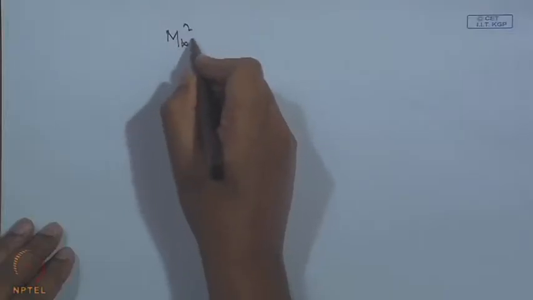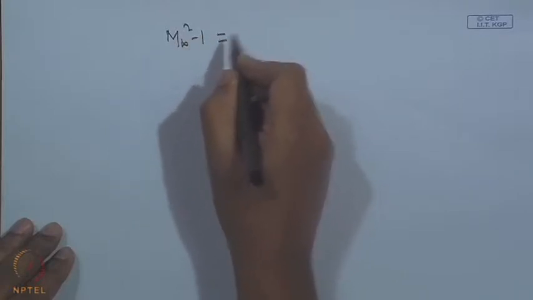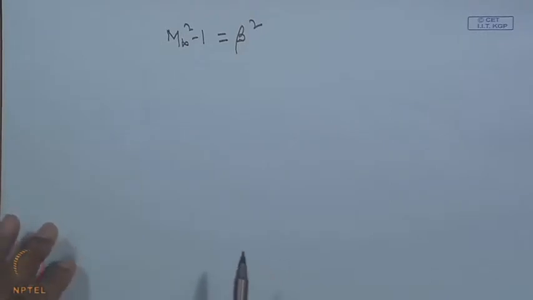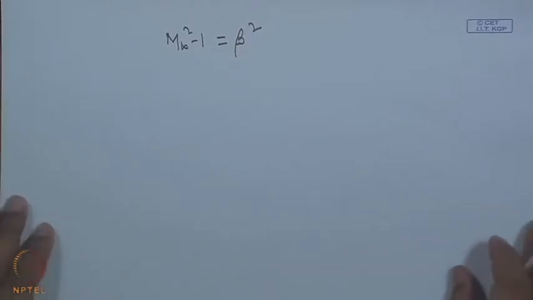Now, this time we write M infinity square minus 1 equal to beta square. Please note the change in the sign of beta square.